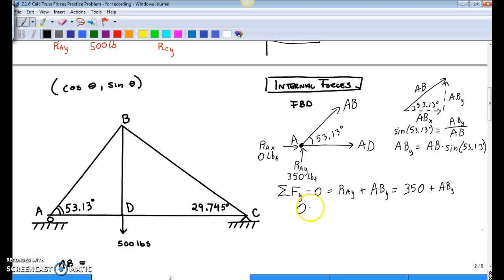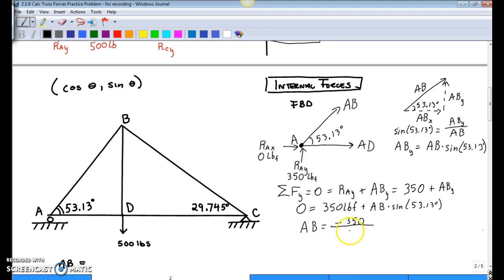So what I'm saying is we have 0 is equal to 350 pounds force plus ABY, which is actually the internal force AB times sine of 53.13 degrees. So in simplifying, internal force AB is equal to negative 350, because we're going to move 350 pounds to the left.